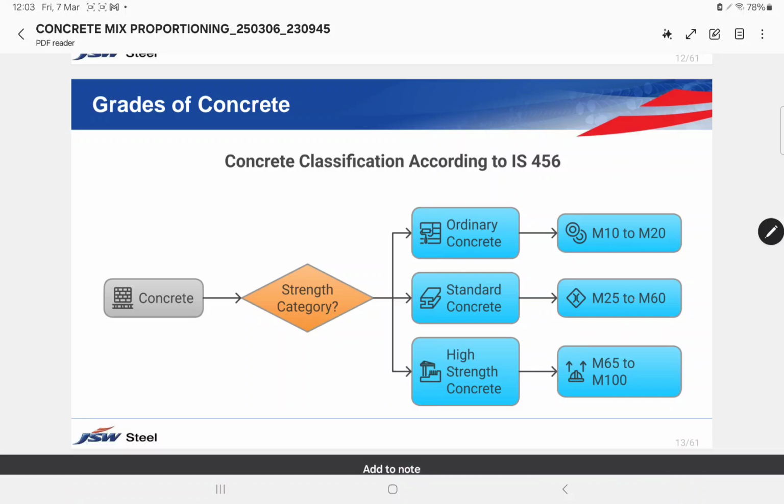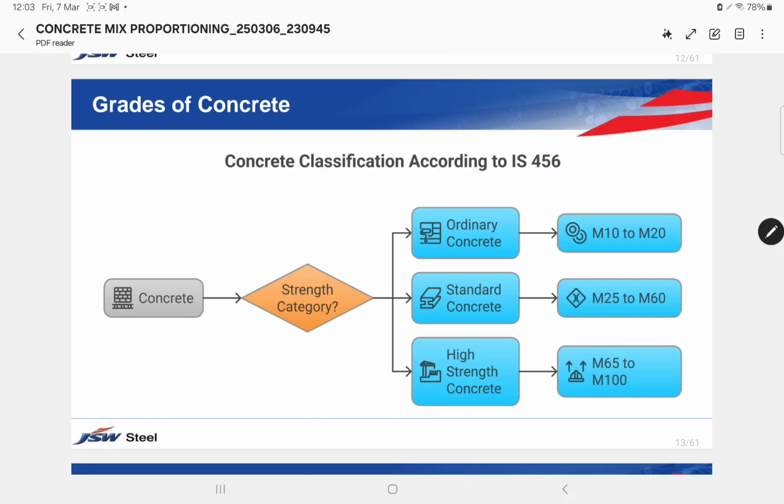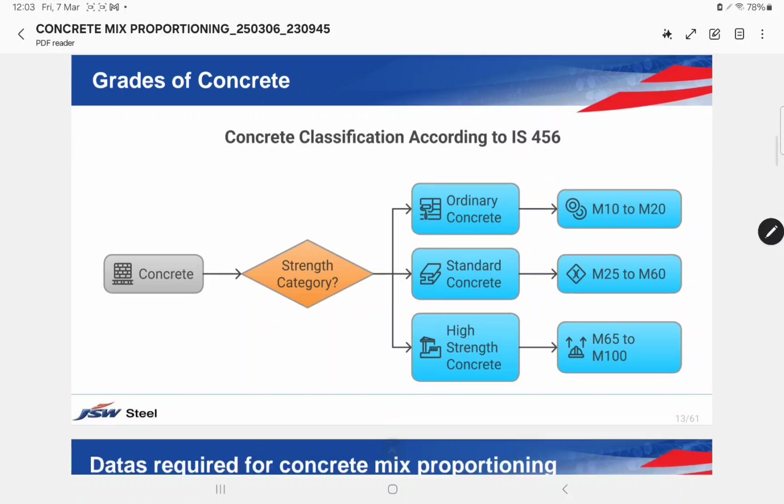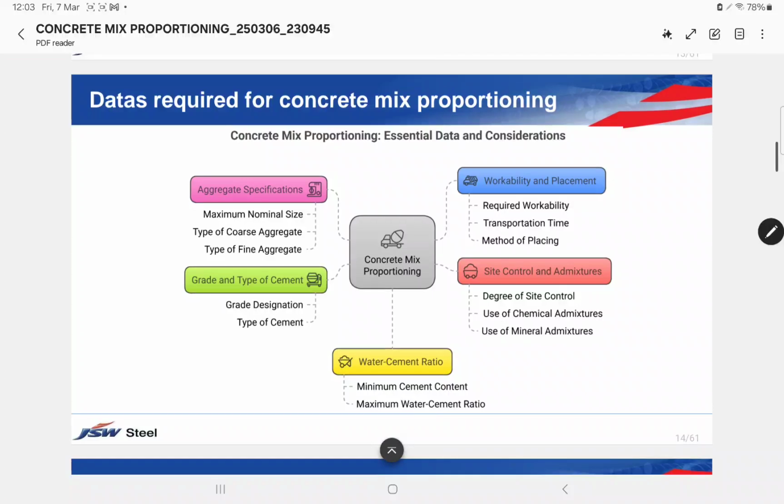From M25 to M60, it classifies it as standard concrete. And from M65 to M100, it classifies it as high strength concrete. In this training session, we'll mostly focus on how to design a standard concrete, that is M25 to M60 grade concrete. So what data is required to do the mix design?